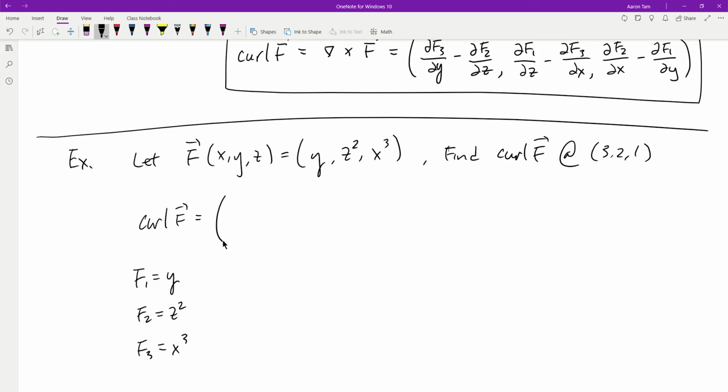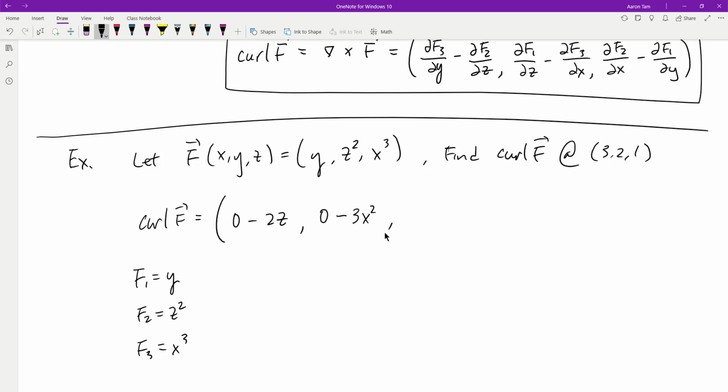For the first coordinate, df3 over dy, where f3 is x to the third, is just 0. Minus df2 over dz, so therefore it's minus 2z. The second coordinate is df1 over dz, which is 0, minus df3 over dx, that would be 3x squared.